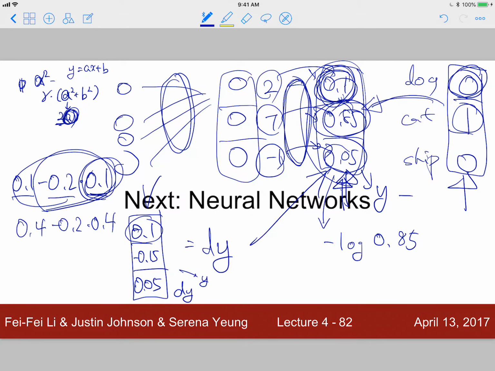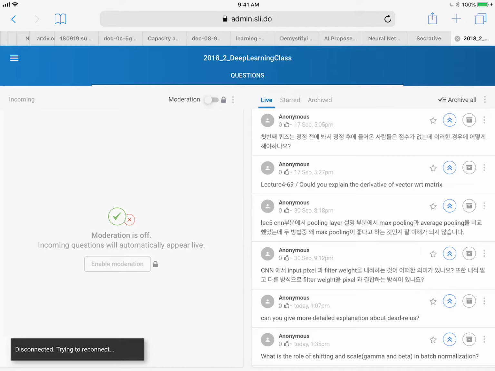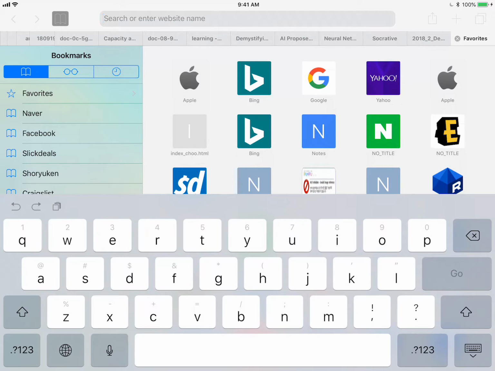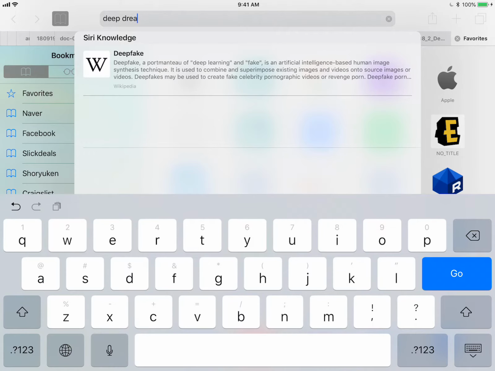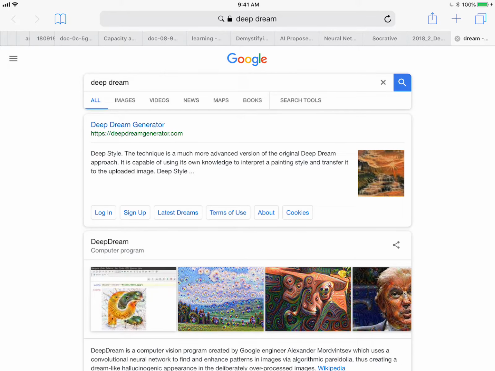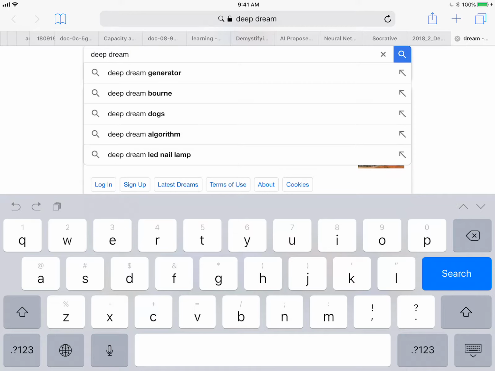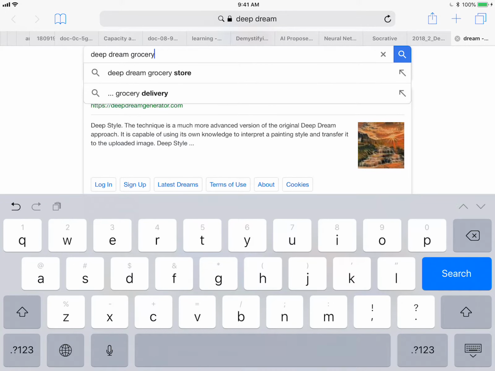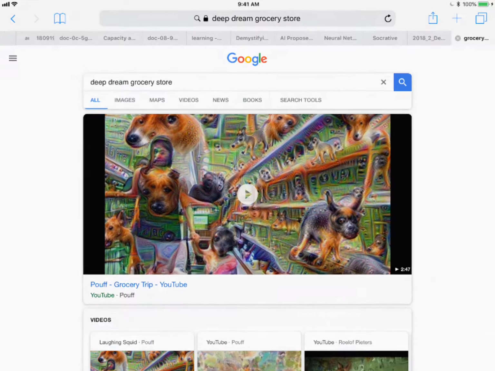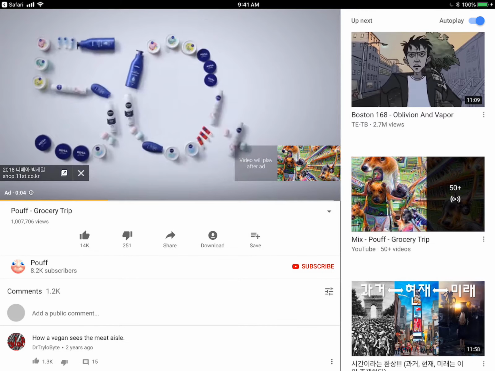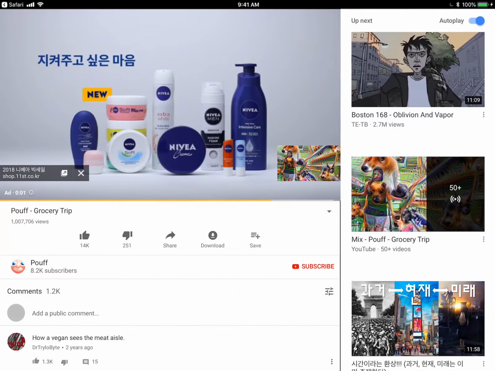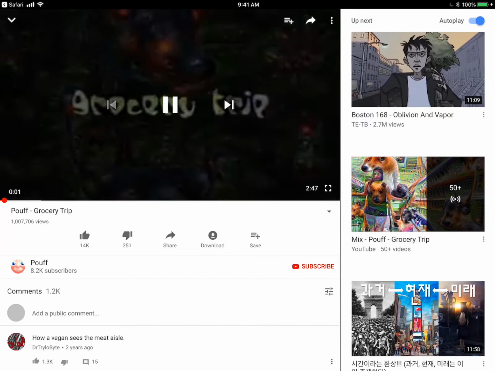This kind of gradient updating pattern is also used in something we will study in a later chapter of CS231N.